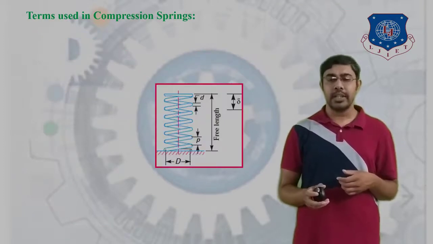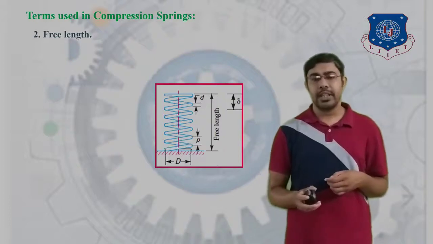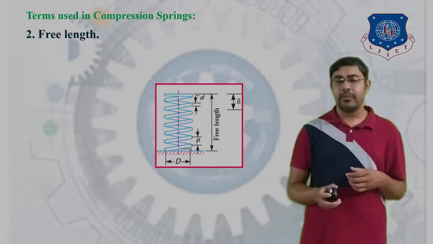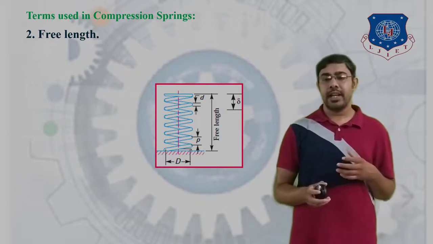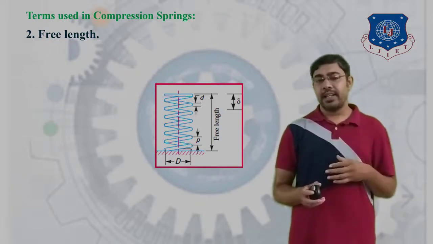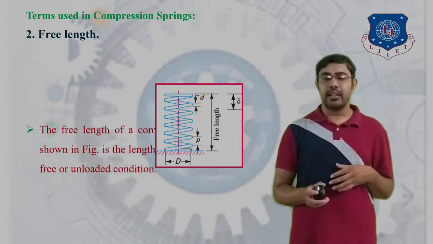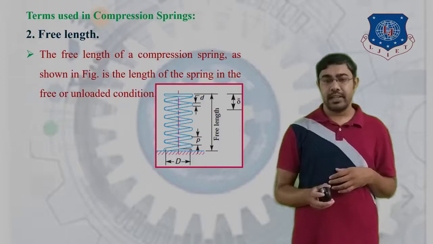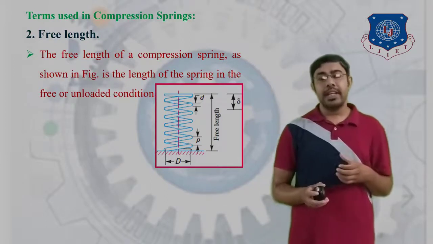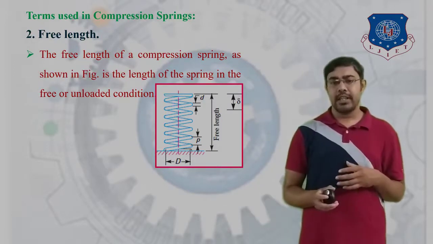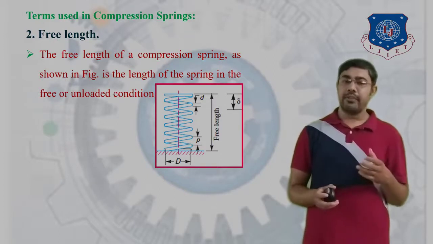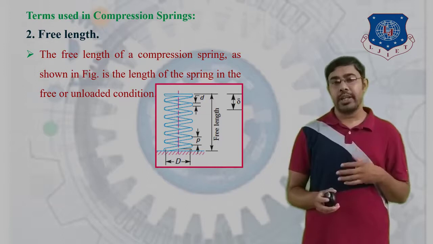Next terminology in compression spring is free length. Here you can see the compression spring which shows the free length. The free length of a compression spring, as shown in the figure, is the length of the spring in the free or unloaded condition.